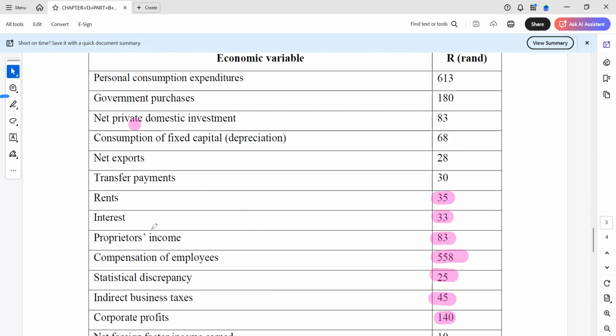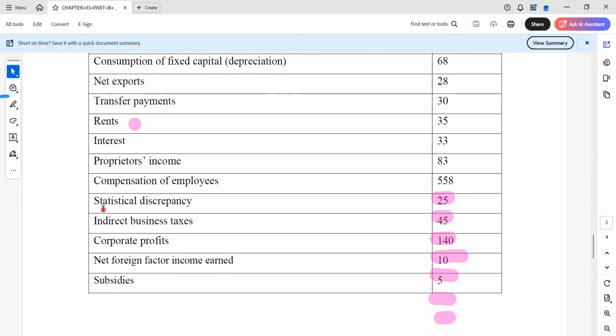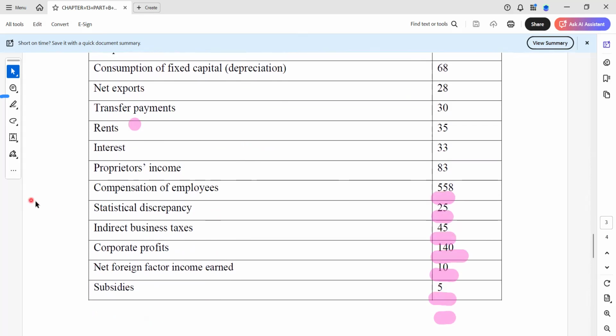Okay, and then you just go up. Let me remove all of this. You saw what you highlighted: rent, interest, proprietors income, compensation of employees, which is like a wage, statistical discrepancies, indirect business tax, corporate profit.